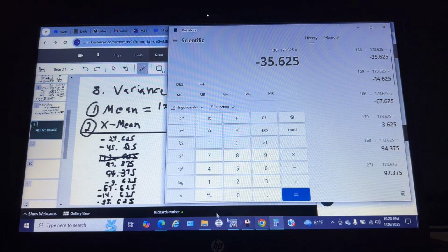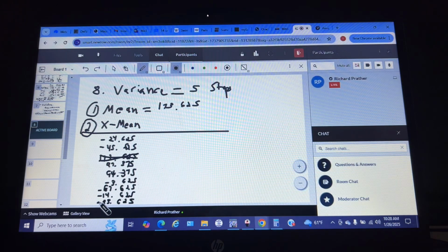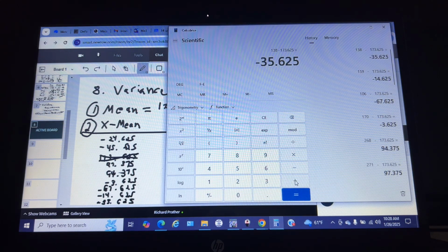But here's something that's true as well. I'll add this up from the bottom up: negative 35.625 plus 14.625 negative plus 67.625 negative plus 3.625 negative plus 94.375 plus 97.375 plus 45.625 negative plus 24.625 negative.